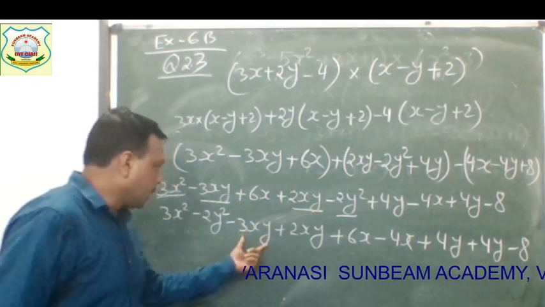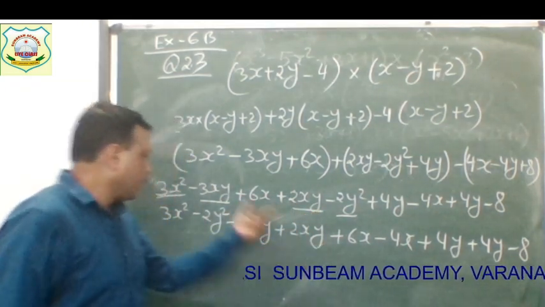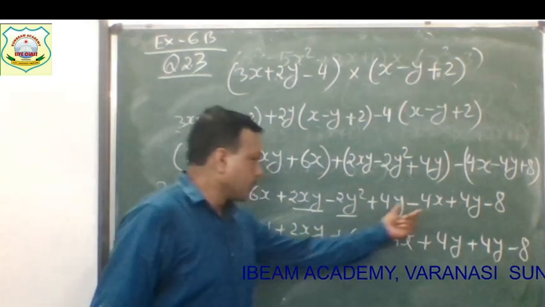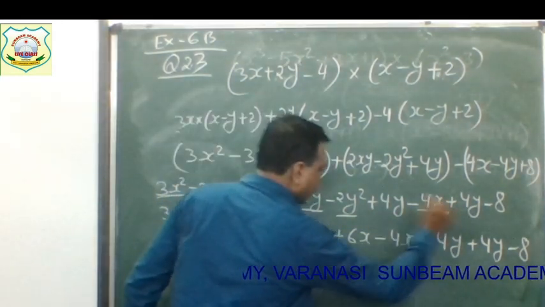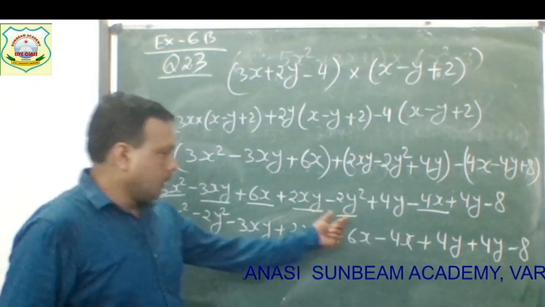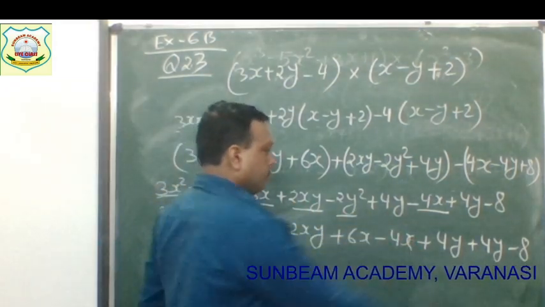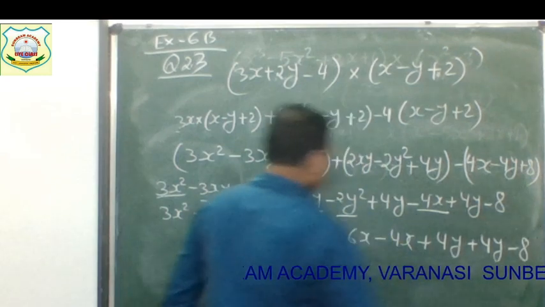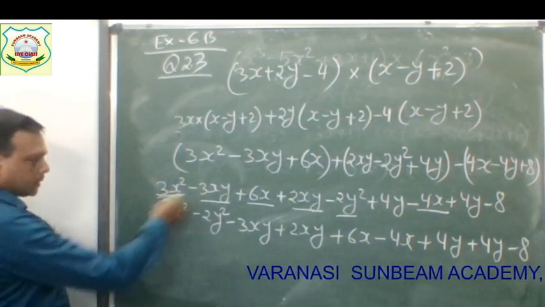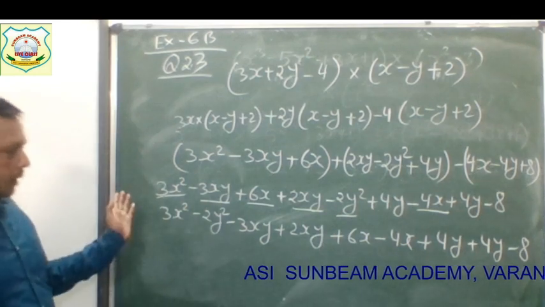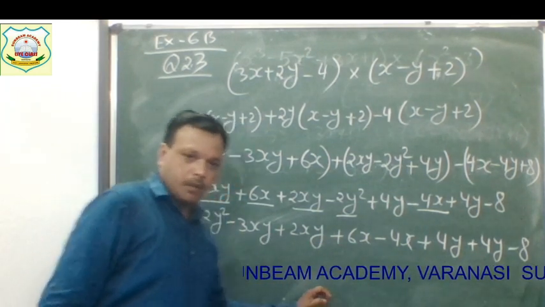Plus 6x, then minus 4x. Plus 4y, then plus 4y and minus 8. Students, if you get confused, you can cancel with the pencil like this. Are you keeping all the values or not? Clear students?